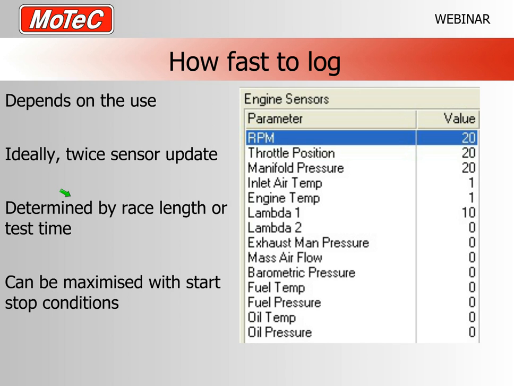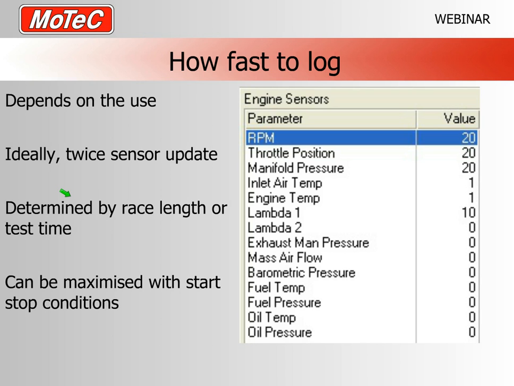So we need to determine how much logging time we really need as a bare minimum. If you're going out for a 10-minute test session, I'd suggest you'd probably want at least 10 minutes worth of logging, maybe 11 or 12. So we configure our channels to come up with at least 10 minutes worth of logging time, and on some of our channels, we'll need to compromise.